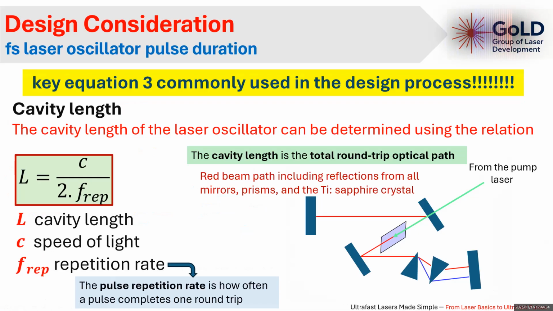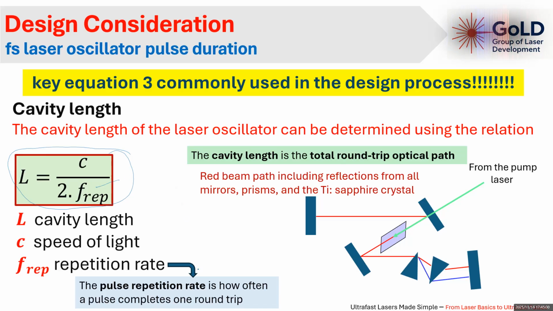Cavity length. Cavity length is the most important thing. If you see this equation here, L is equal to c over 2 f.